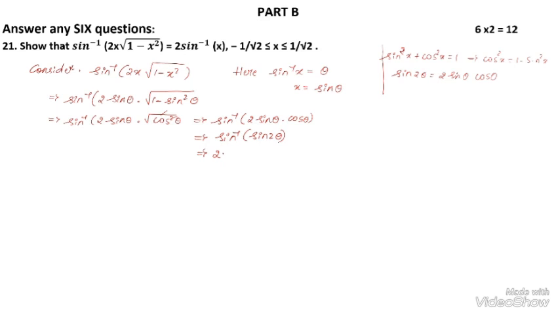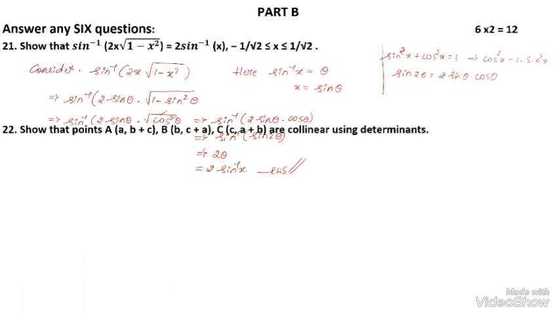Simply we get back 2 theta. What is the value of theta? That is sine inverse of x, so we get 2 into sine inverse of x. This is the RHS part. Hence, this is the proof of the given problem. Okay. Let's move on to the next problem.